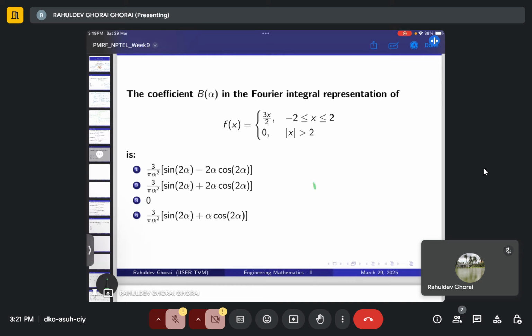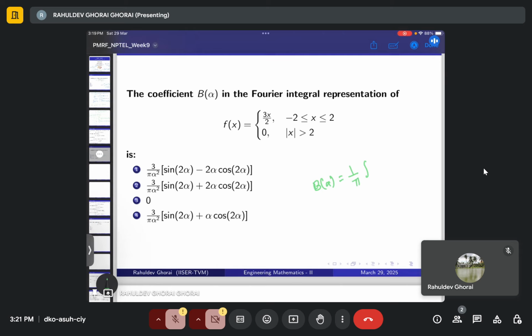So this is also easy. B alpha, what is the formula? It will be 1 over pi, integration from minus infinity to infinity of f(x) sine alpha x dx. But in this case, if f(x) is 0, the integral value is 0.